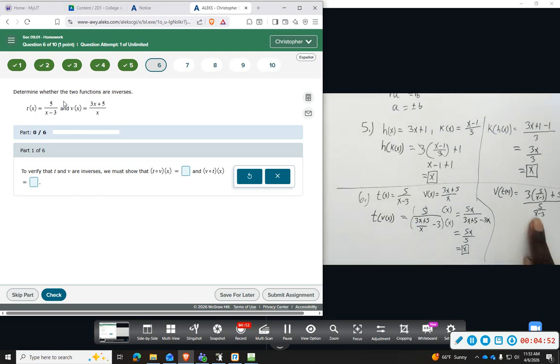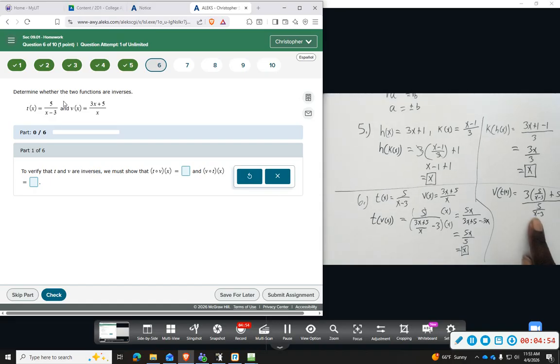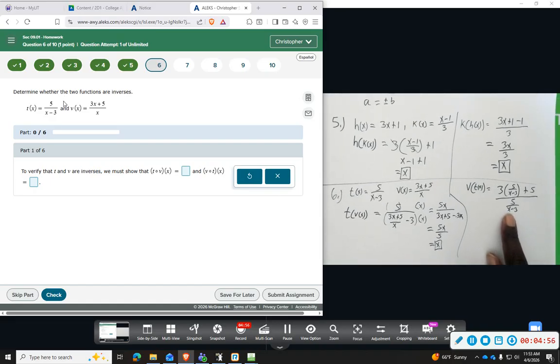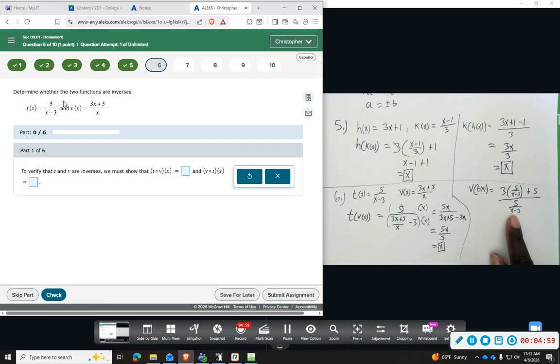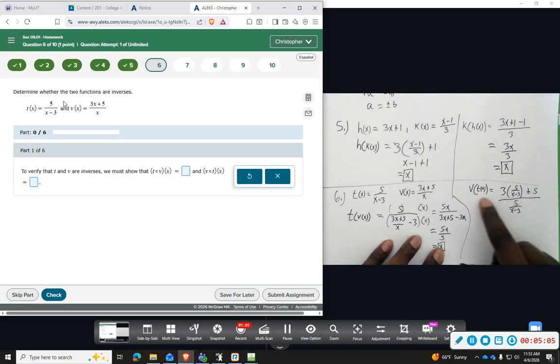Okay, so again, with fractions that look a little bit complicated, when you have a fraction in the numerator and a fraction in the denominator, all we're going to do is look at the common denominator. So x minus 3 is on the bottom, x minus 3 on the bottom. To fix that, we're going to multiply by x minus 3 on the top and the bottom. It's going to get rid of those fractions for me.